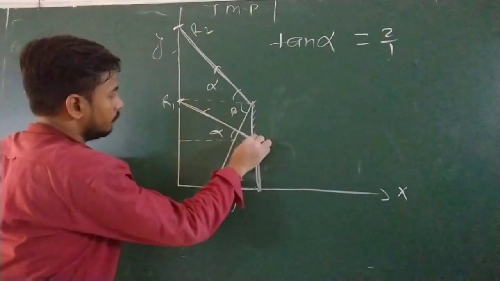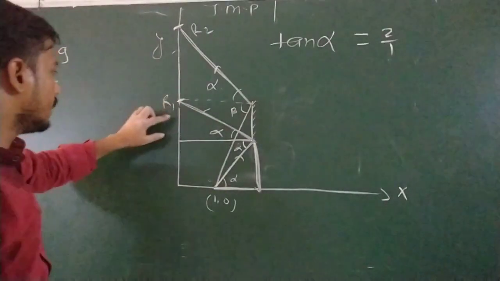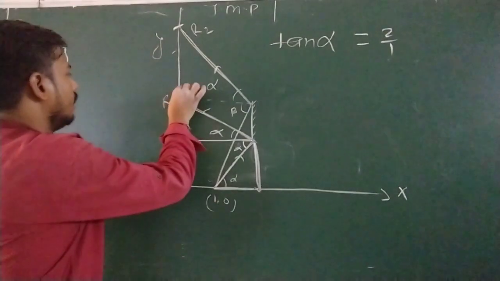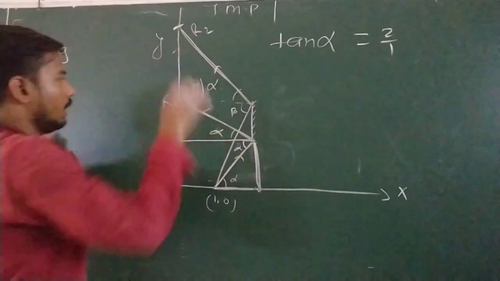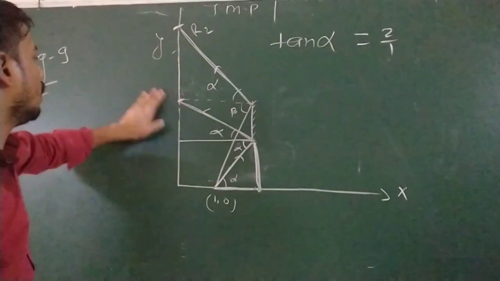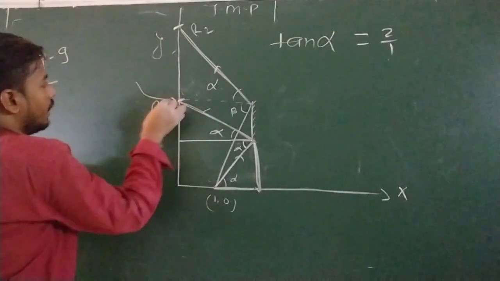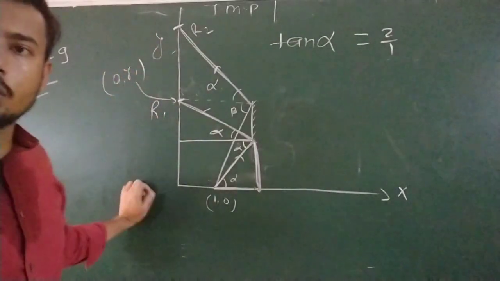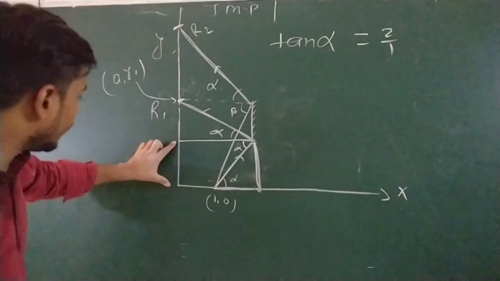Now write in this triangle tan alpha. Suppose we assume this coordinate is 0 comma y1, this is the ray R1. Because this is on the y axis, it is 0 comma y1. So what can we write?